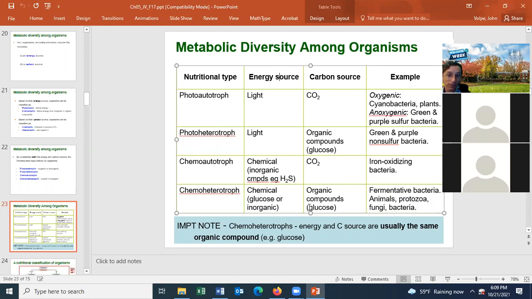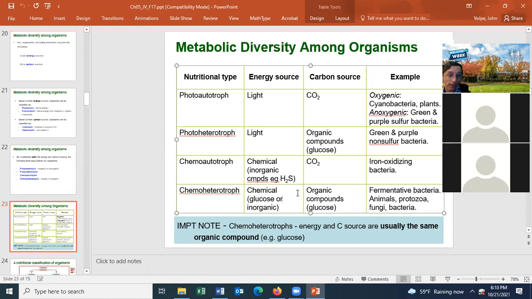Like if you're eating a bunch of sugar, you'll get your energy needs and your carbon needs from glucose. But we get it from some food molecule, both of these. And with many chemoheterotrophs, they can get the energy source and the carbon source from the same molecule. It doesn't need to be the case, especially with the chemosynthetic bacteria.